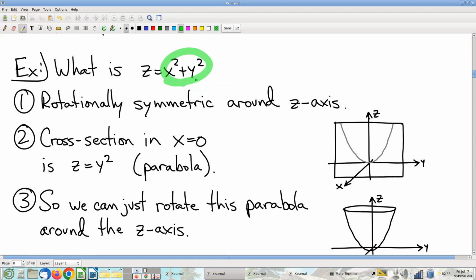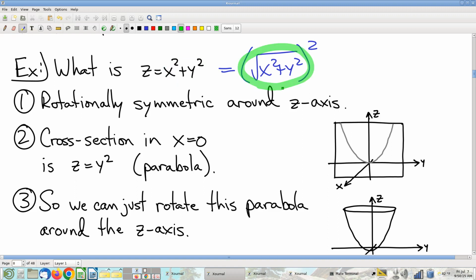There are x's and y's in my equation, but I claim they appear only in the special form. And to the objections of, hey, where's the square root? No problem. Notice I can rewrite the equation like this. And as required, x and y appear only in that special form. All right, so keep that in mind.